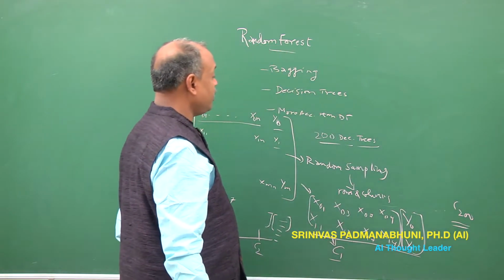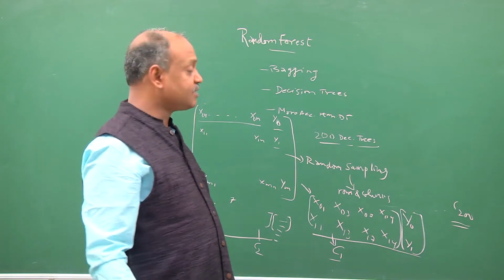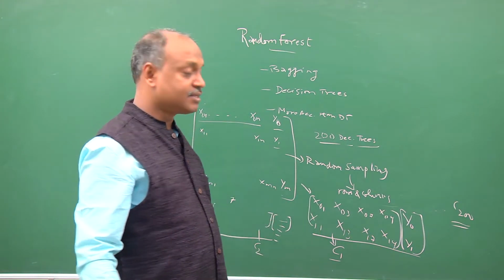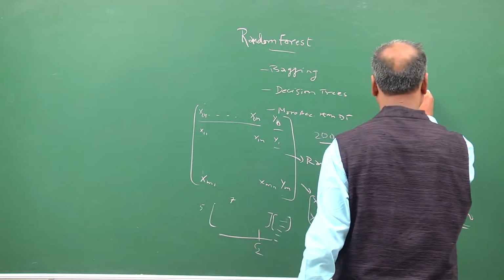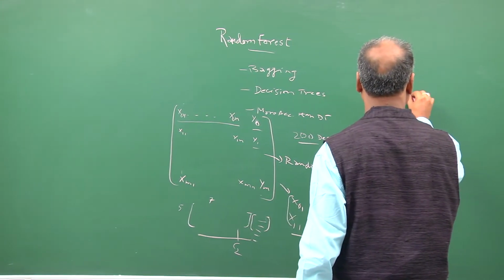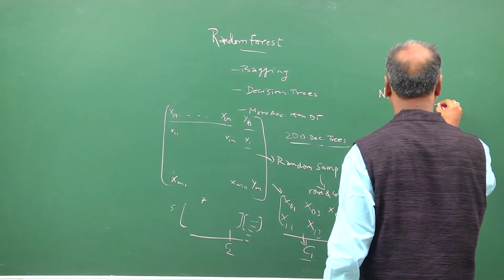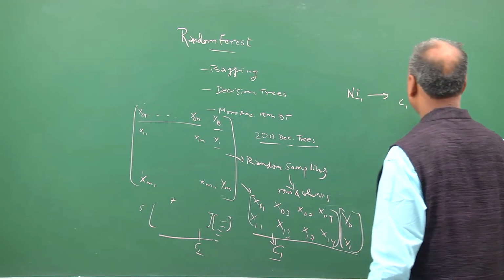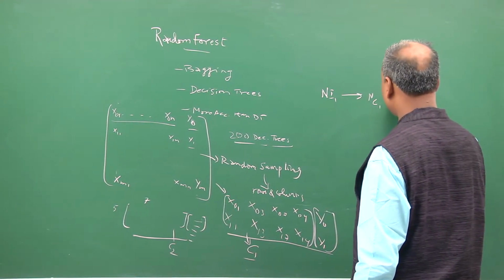To get the actual result when a new input comes in, you take the new input and find out the class given by the first classifier.